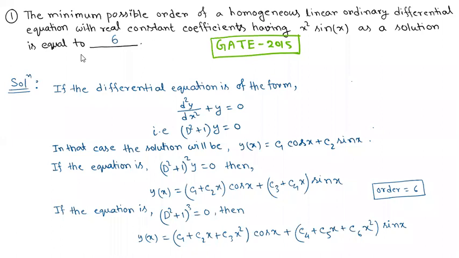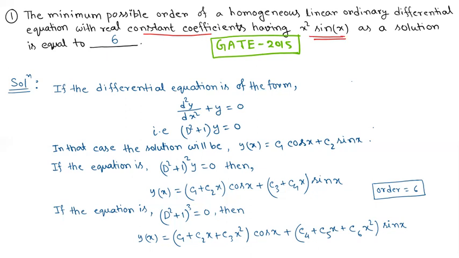Our first question was: the minimum possible order of a homogeneous linear ordinary differential equation with real constant coefficients having x square sin x as a solution is equal to what? Here x square sin x is a solution.